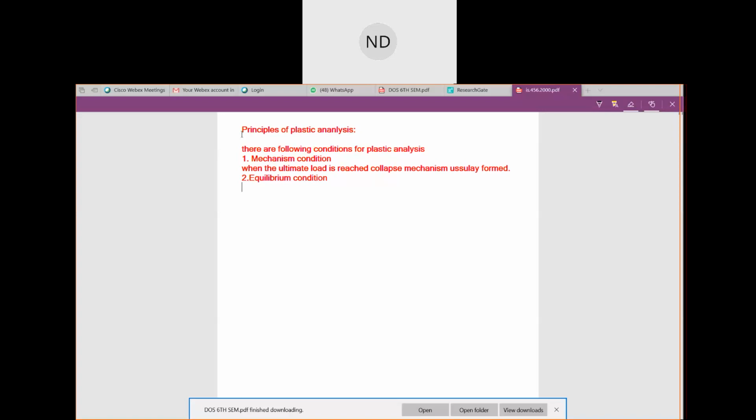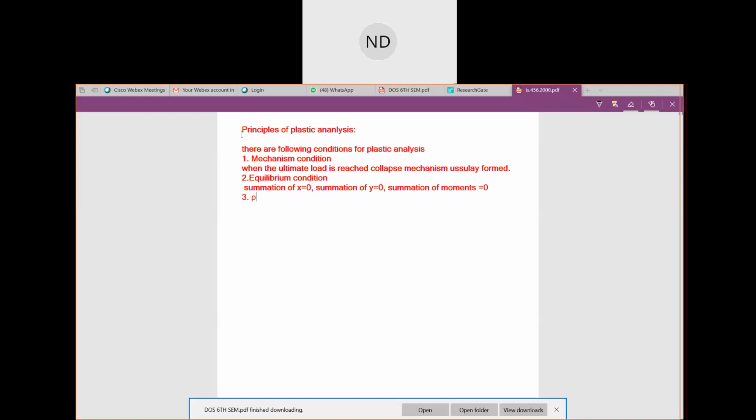The summation symbol is not here, so let me write: summation of x equal to 0, summation of y equal to 0, all these forces are 0, and then summation of moments equal to 0. Now the third condition is the plastic moment condition.